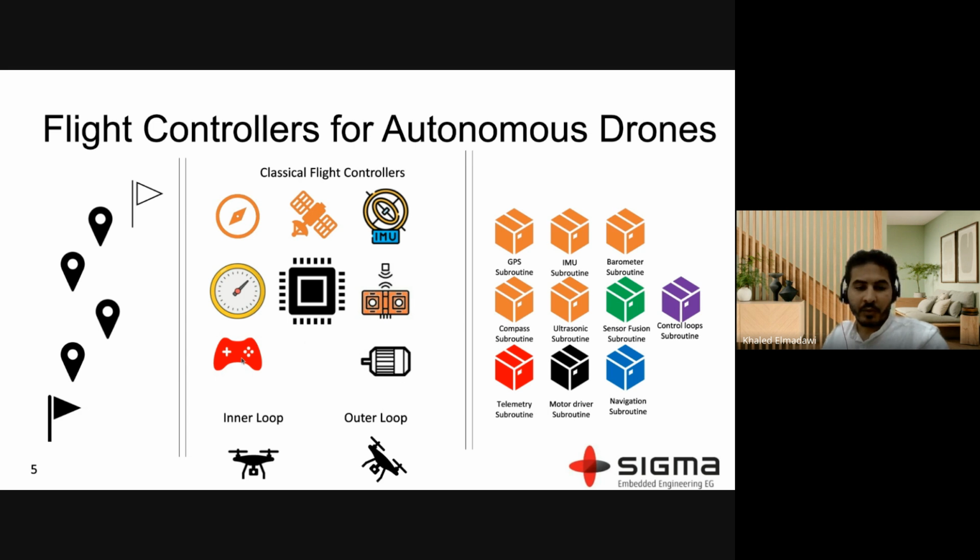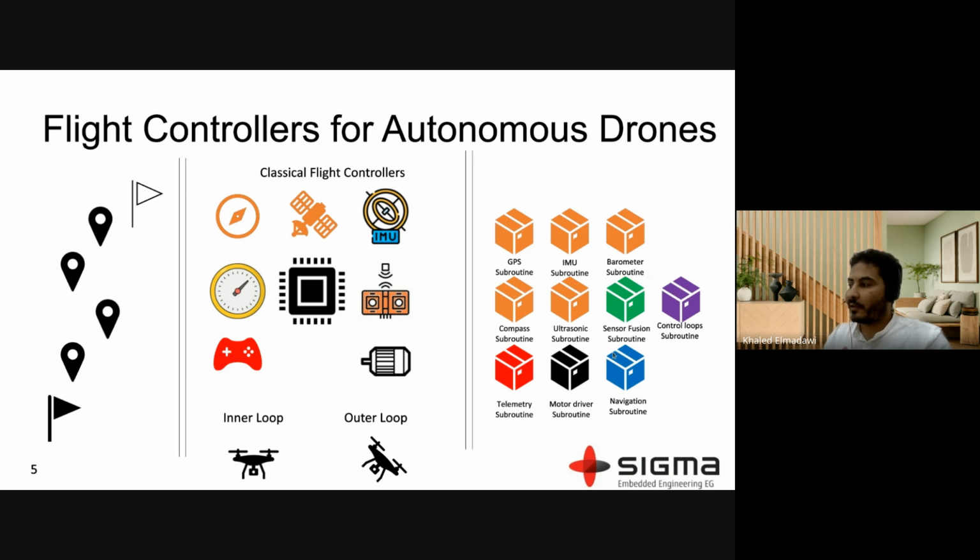Each module requires a subroutine in the microcontroller that interfaces with it to observe a state, or to do other processes. For example, we have subroutines such as the sensor fusion, the control loops, and the navigation subroutines.